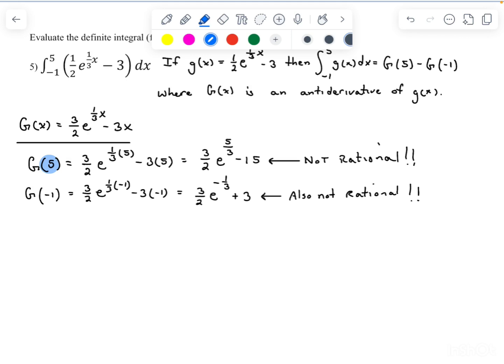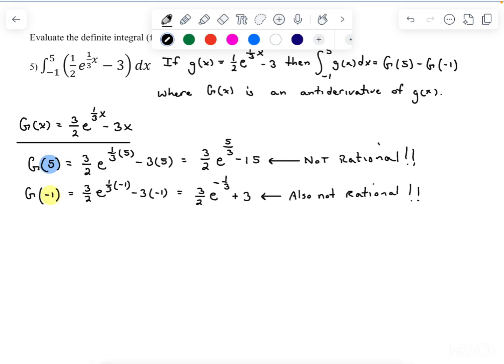This is not a rational number, so we cannot write it as a fraction using integer parts. When x is equal to -1, the antiderivative is 3/2 e raised to the -1/3 power plus 3. This is also not rational, meaning we cannot write this number as a fraction using integer parts.